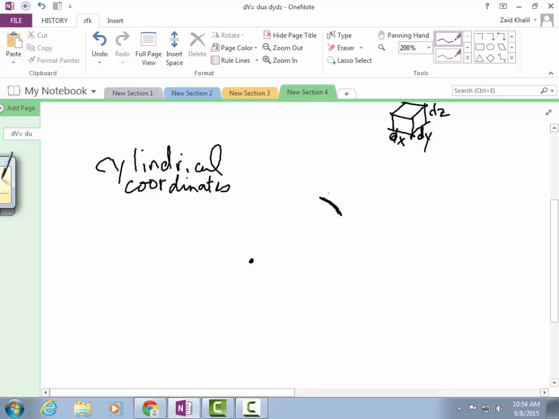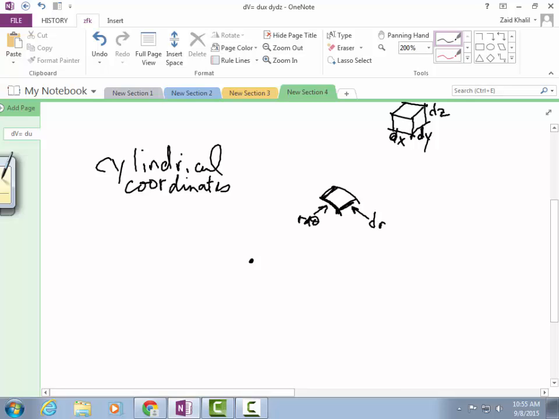Now, this side is going to be dr. And realize what I'm doing is morphing that cube to have the same volume in this new coordinate system. What's this length? r d theta.